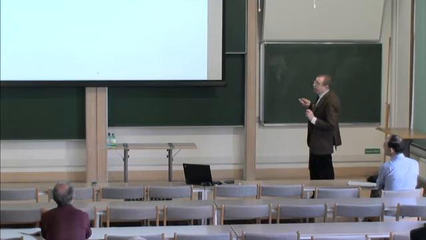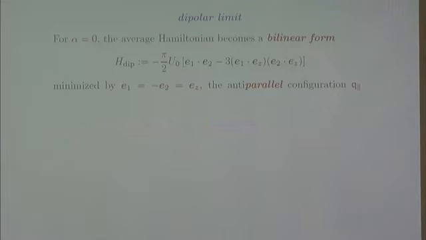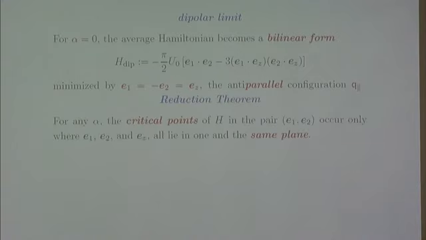It is the antiparallel configuration, in which the two spins are opposite to one another and parallel to the normal to the layer. So this is a situation in which the two spins are opposite to one another and oriented orthogonally to the layer. And this is indeed the configuration in which this dipolar Hamiltonian, which is obtained in the limit alpha equal to 0, is minimized.